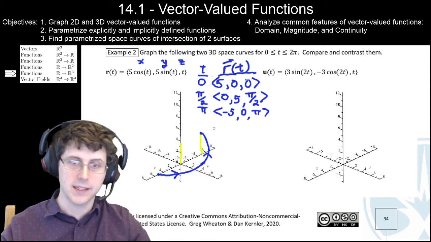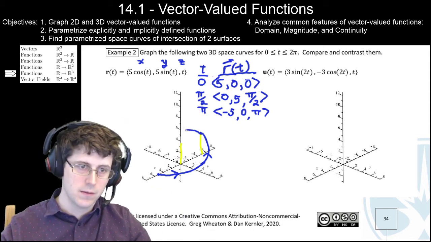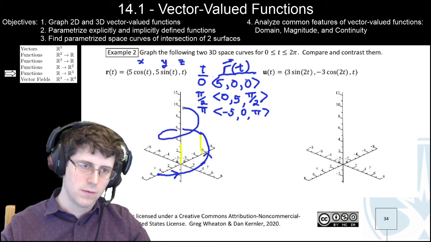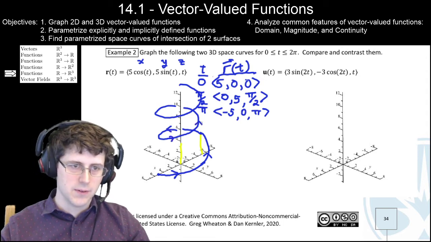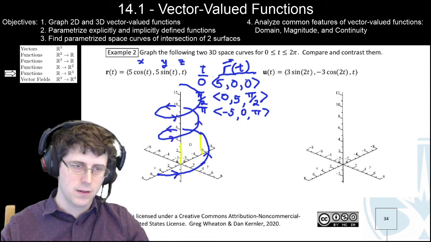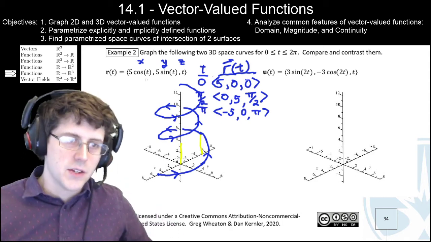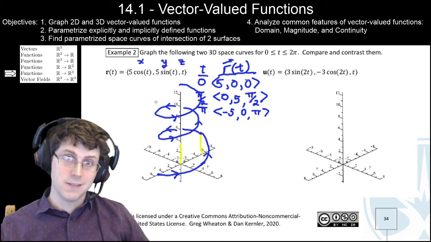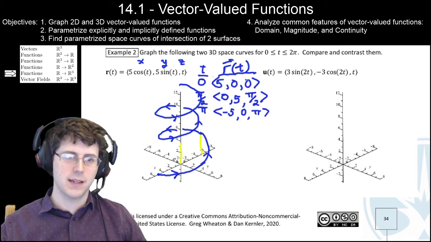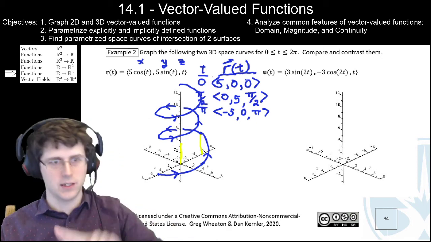This is called a helix. I think you can see what's supposed to be happening here. So this vector-valued function, note that I'm not thinking of it as three functions. When I graph it in space, I get a helix that's going around and it's going up.